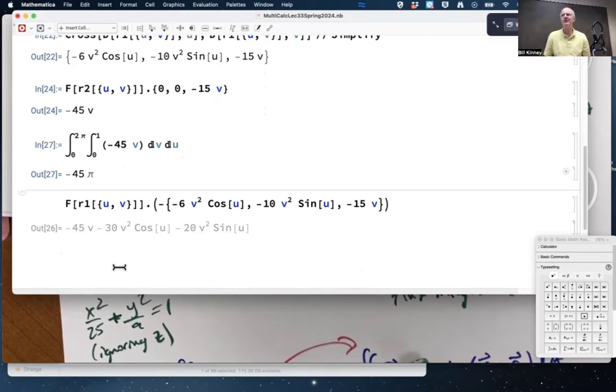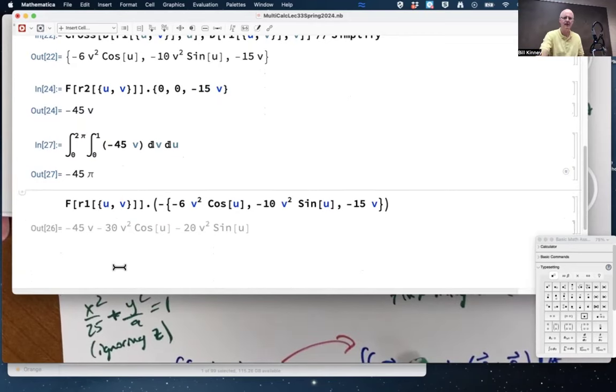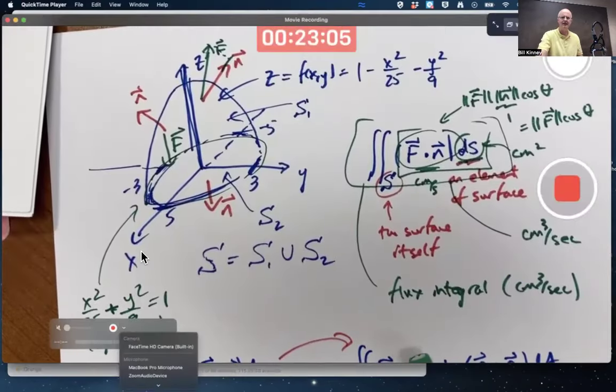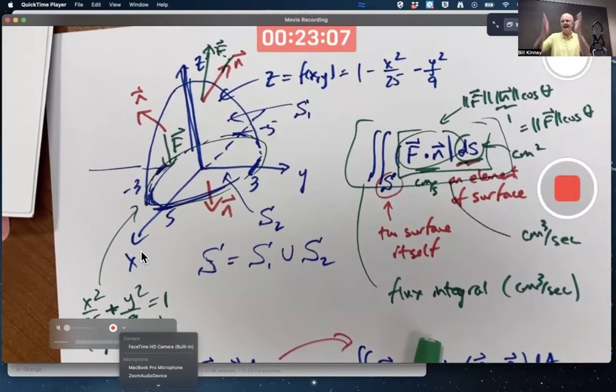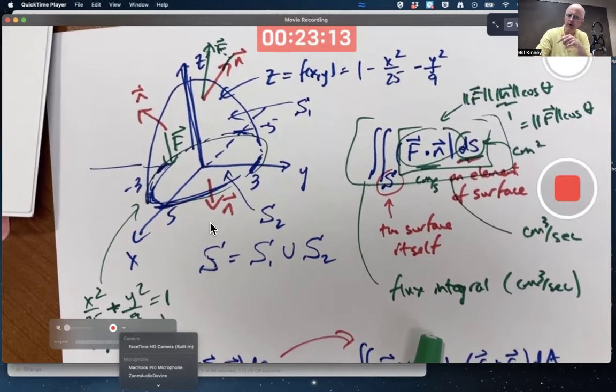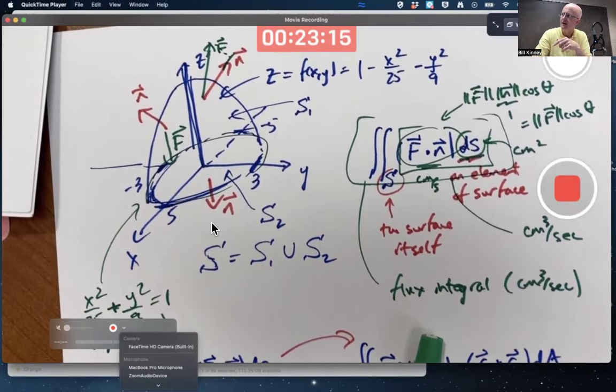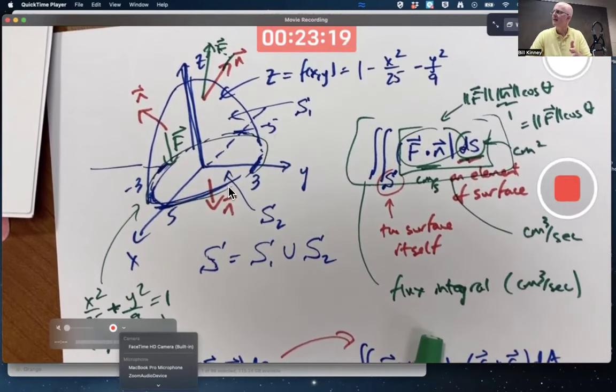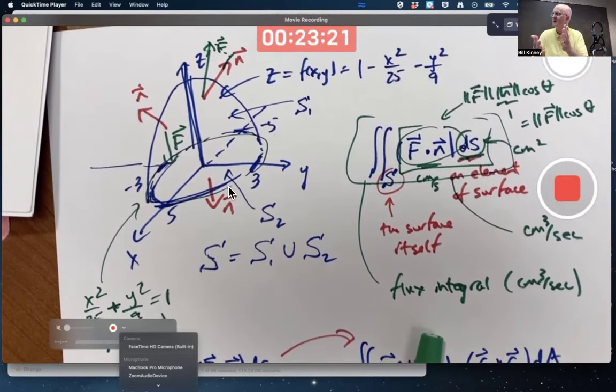With this constant vector field, the amount of fluid going in has got to be the same as the amount of fluid going out. Effectively, with respect to the downward pointing normal vector, finding a negative flux across S2 means the vector field is going in the opposite direction of n overall.